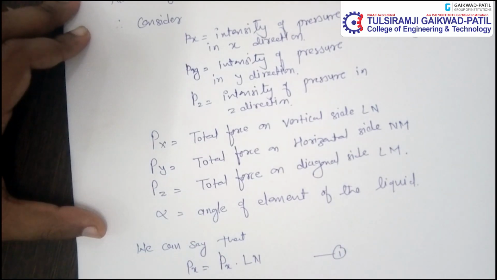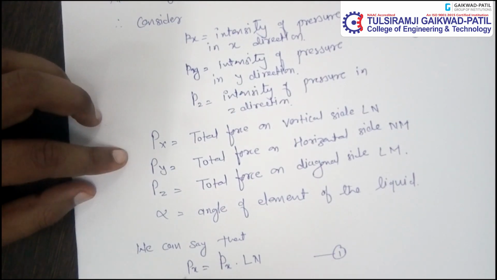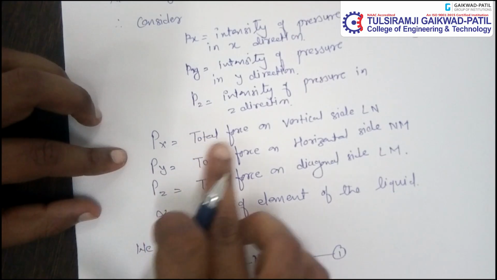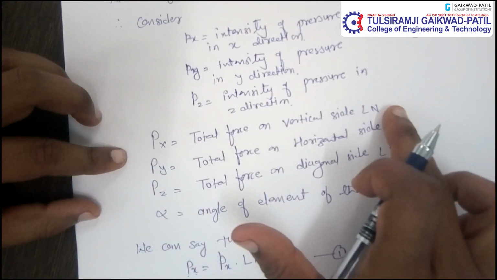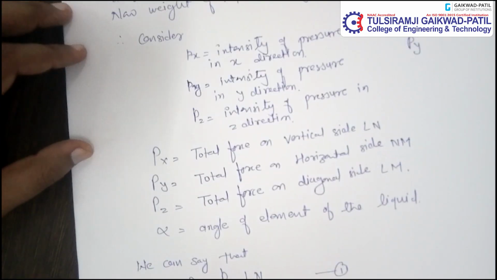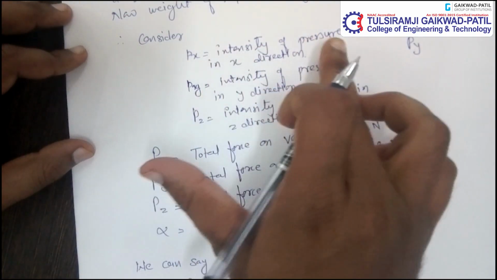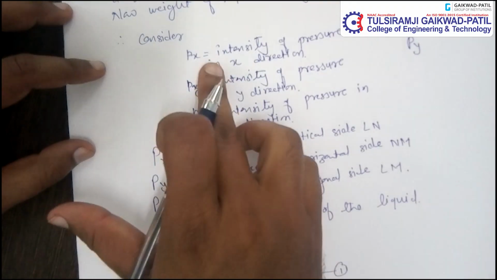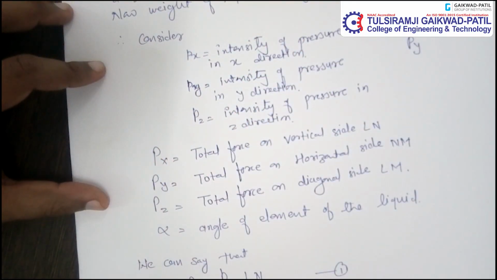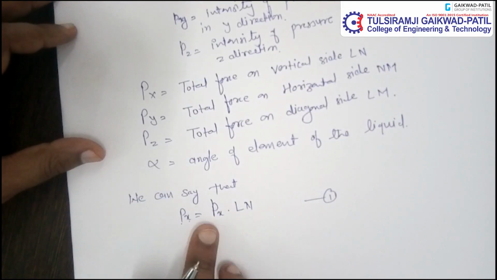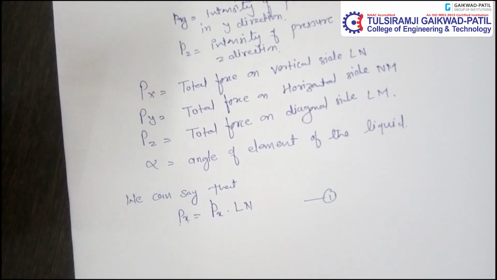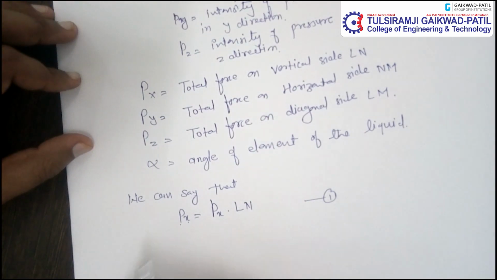Where did this equation come from? What we had considered earlier, capital Px be the total force on the vertical side LN and small px be the intensity of the pressure. Intensity of pressure means small amount of pressure which is acting in x direction, and capital Px be the total amount of pressure which is acting in x direction. Therefore, this is total pressure force.